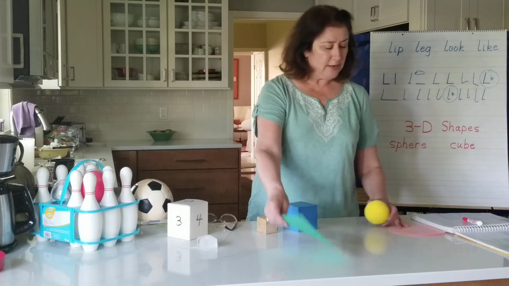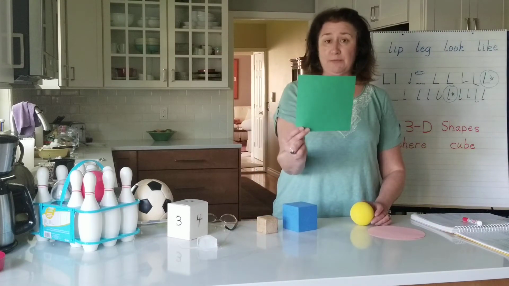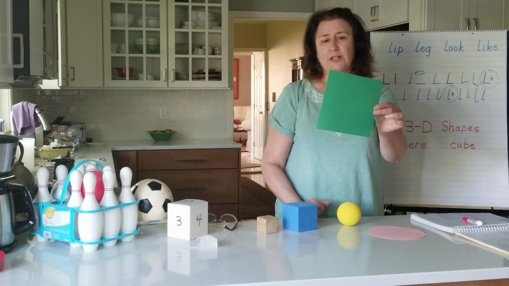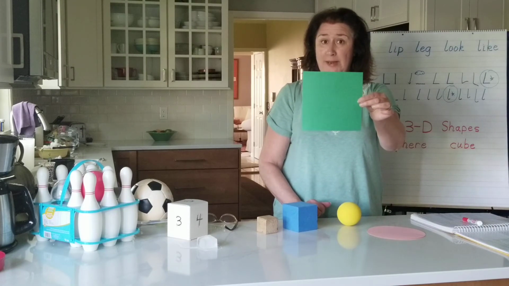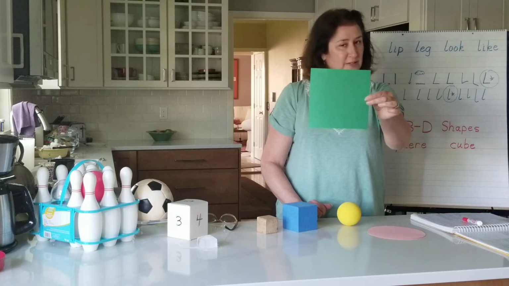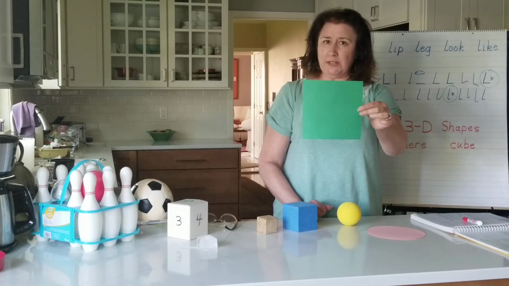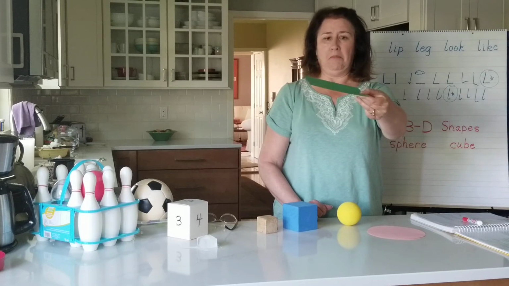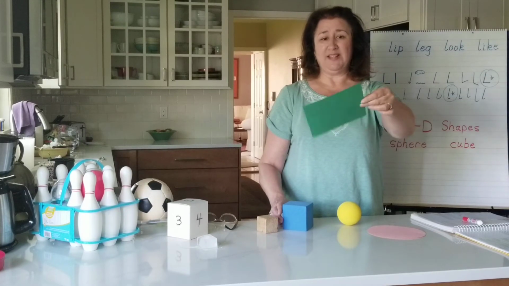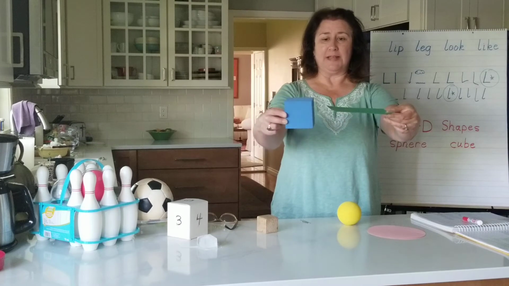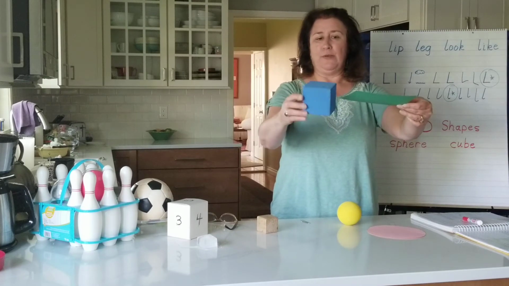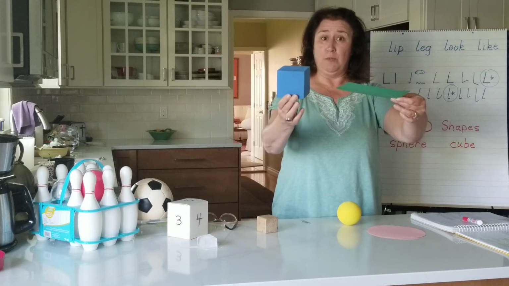Now, here's another shape that we learned in September, way back in the fall. We talked about this shape. What is this shape, everybody? It's a square. Yep. But is it a three-dimensional object? No. It's flat. It is not a three-dimensional object like my cube.